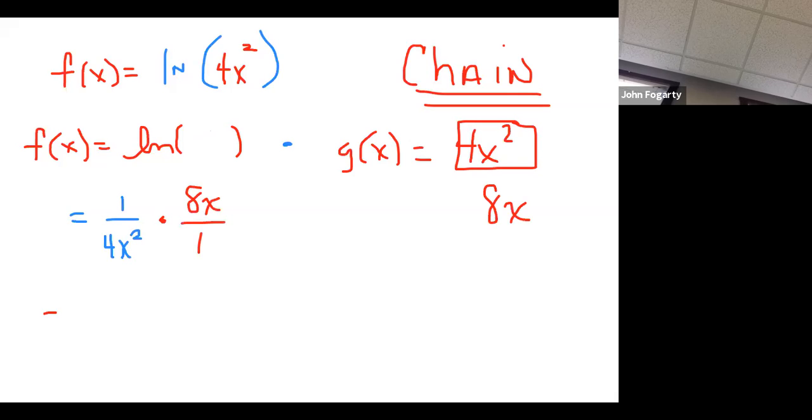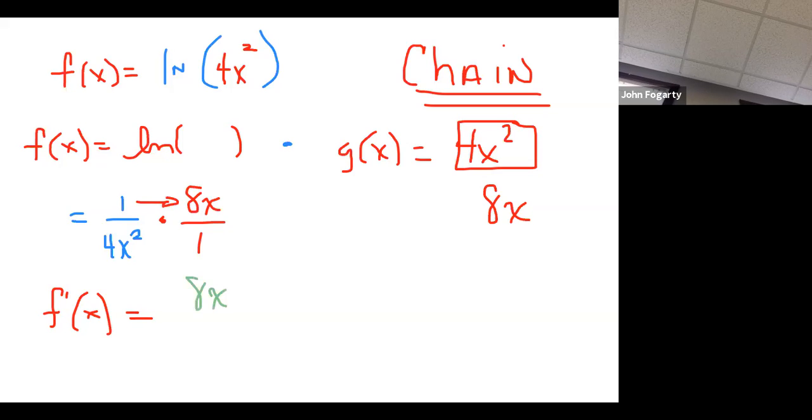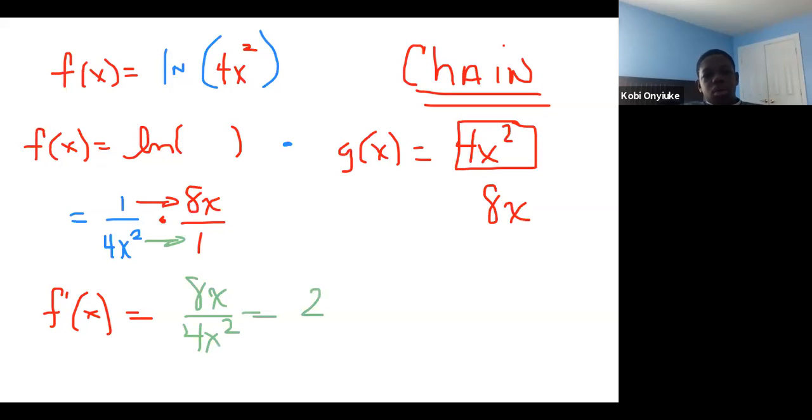Now, f prime of x would simply be 1 times 8x over 4x squared. That makes sense? So 2 over x.